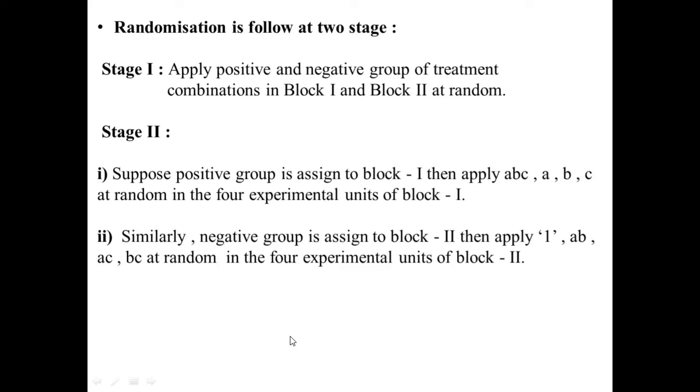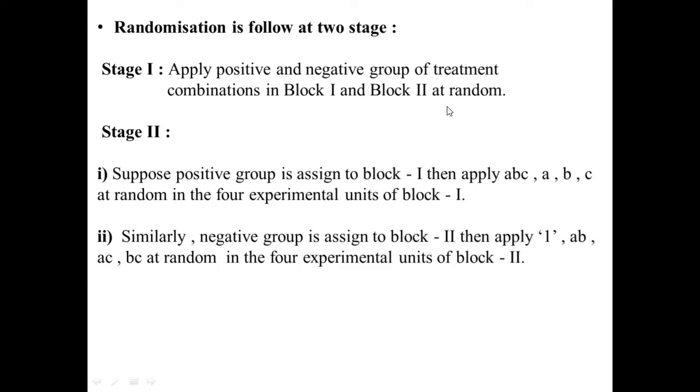Here we also use randomization, and this randomization is considered at two stages. What is the randomization in the first step? Apply the positive and negative groups of treatment combinations to block 1 and block 2 at random.